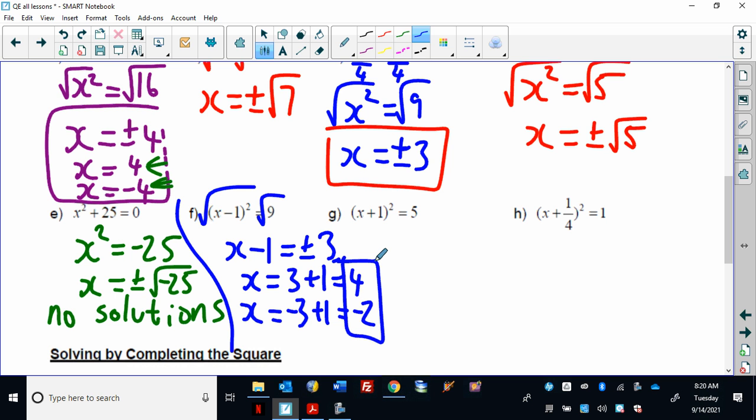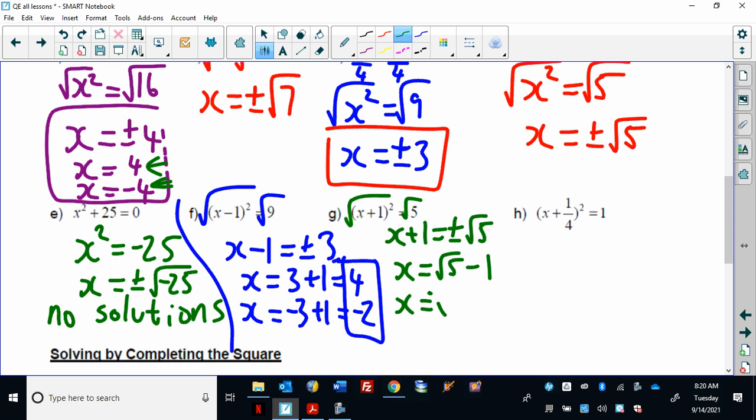Okay, same thing for this, for g. Let's just do that one really quickly. G is just going to be, take the square root, x plus 1 equals plus or minus root 5. Therefore, x equals root 5 minus 1, and x equals negative root 5 minus 1. Those are your two solutions for this question here.